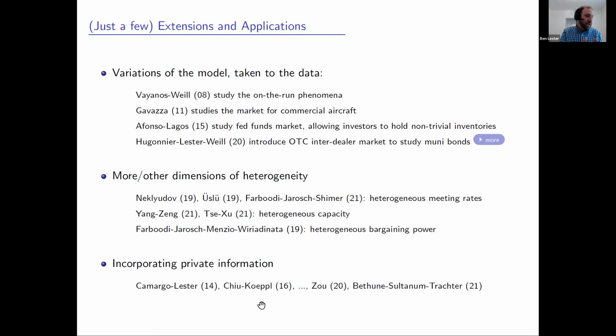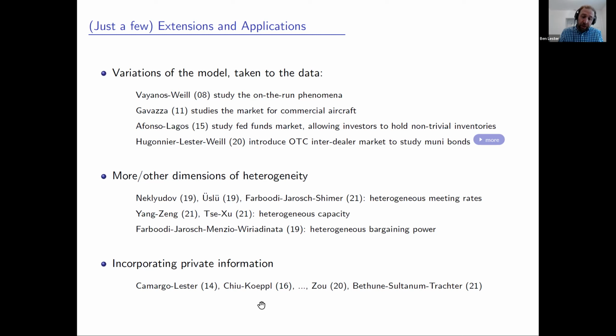I mentioned before, Alessandro Gavazza has a bunch of papers. He was one of the first to try and take these Duffie, Garleanu, Pedersen style models to the data. And several of his papers use data for the market for commercial aircraft, trying to understand different liquidity properties, the welfare cost of frictions, so on and so forth. Gârleanu and Ricardo Lagos have a beautiful paper in Econometrica where they study the Fed funds market.